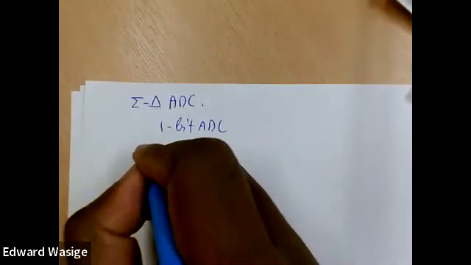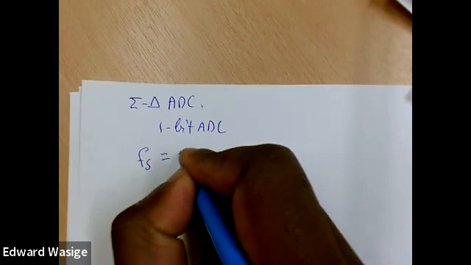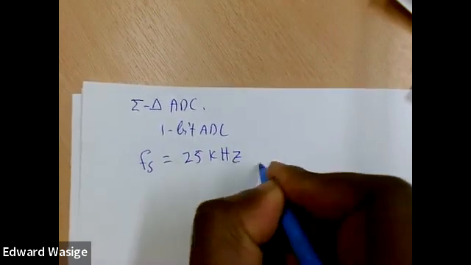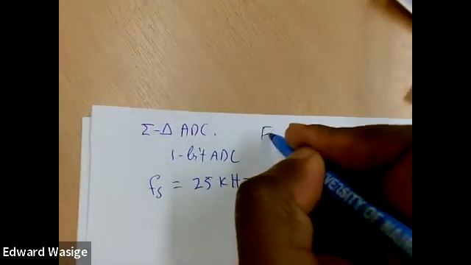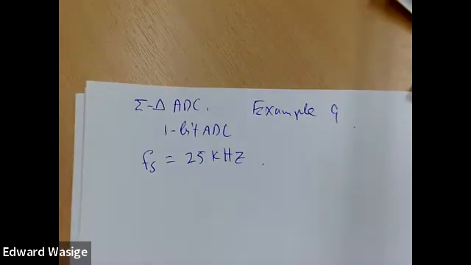You're given that Fs, the Nyquist rate sampling frequency, is 25 kilohertz. This question is example 9 in your handout on page 62.